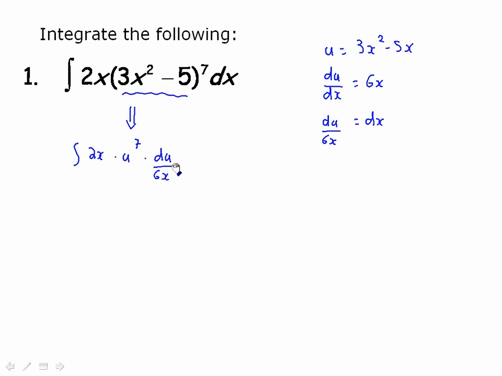So see what we're doing. We're treating it like it's a quotient, like we're solving for dx as a variable in an expression. But what happens, which is what we want, is that the x's will now divide out. The 2 over 6 will also simplify to 1 over 3, u to the 7 du. So now we have an integral expressed in terms of u.